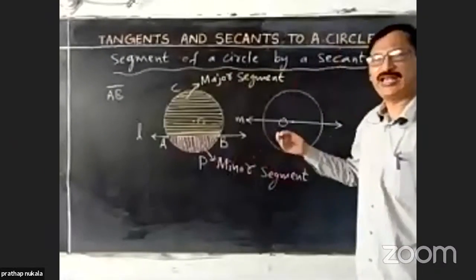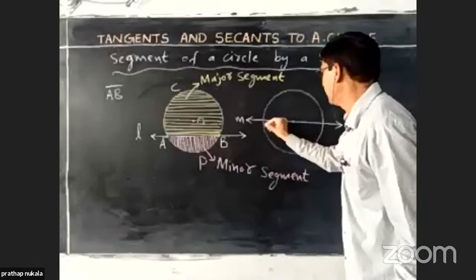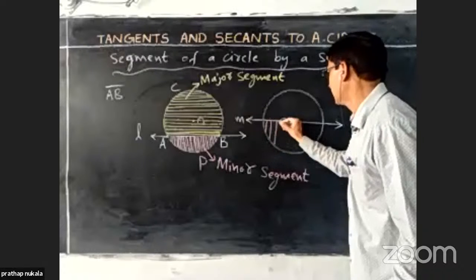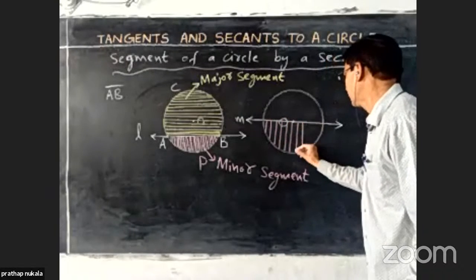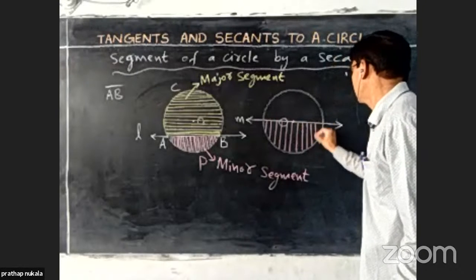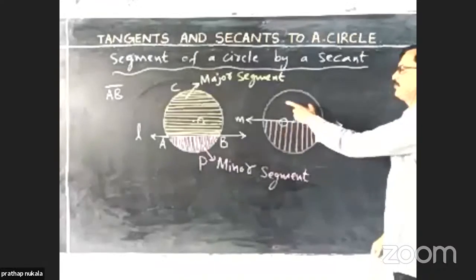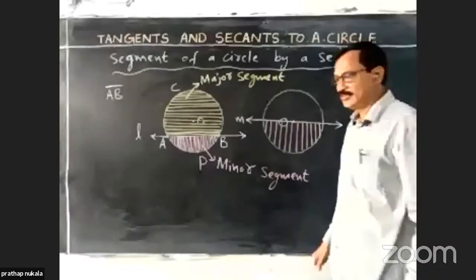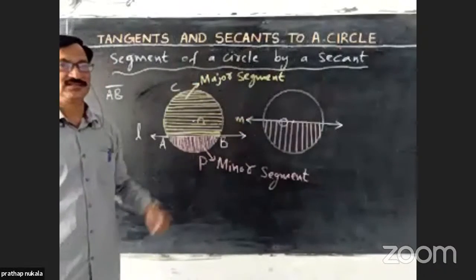If we shade any one, the upper portion or lower portion, vertically, okay. What is this lower portion and what is this upper portion of the circle? Do you know? There is a word.